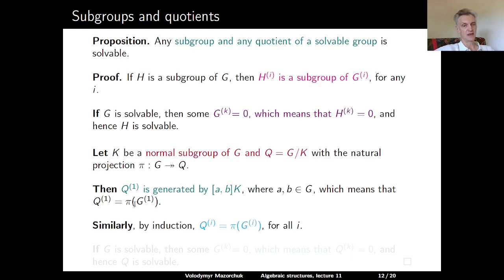And similarly, by induction, the i-th derived subgroup of Q is the image of the i-th derived subgroup of G under the map pi. So if G is solvable, then some G upper K is equal to 0, and then this means that the corresponding Q upper K is also equal to 0, and so Q is solvable by the previous criterion.